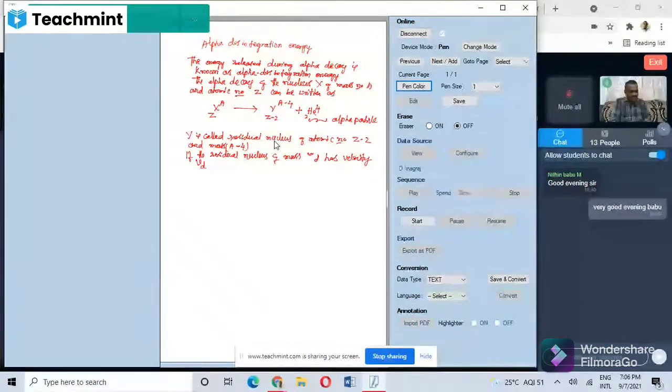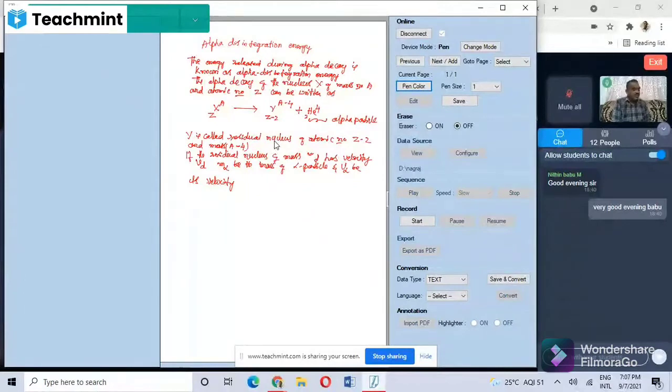Vd is the velocity of the daughter element or the residual nucleus. Let M alpha be the mass of the alpha particle and V alpha be the velocity of the alpha particle.